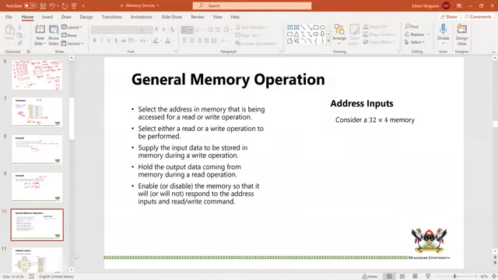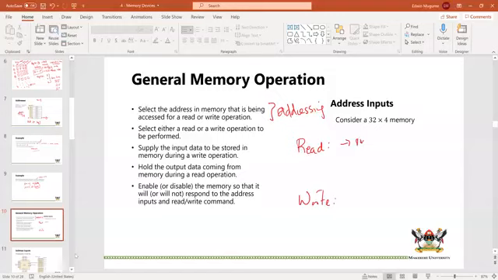When we read, it is different from when we write. When we read, let's say we've already done our addressing and we already know the memory word or register that we want.